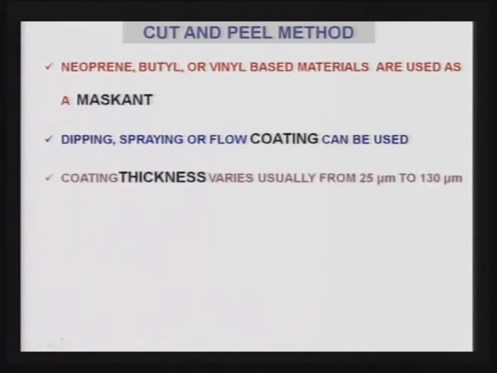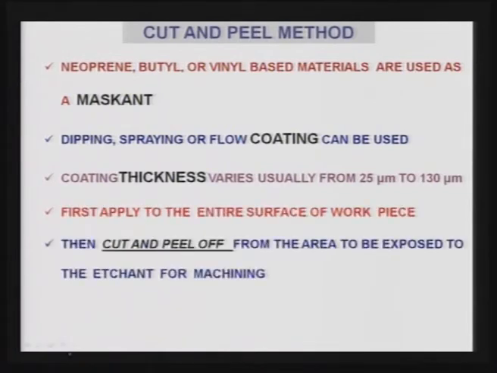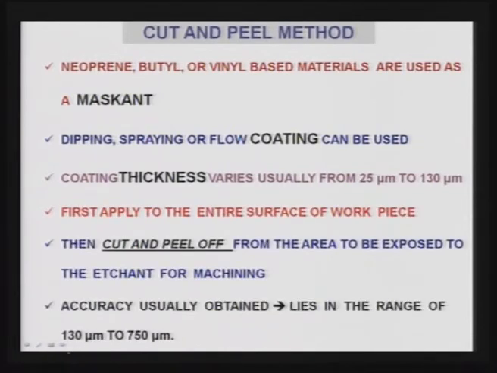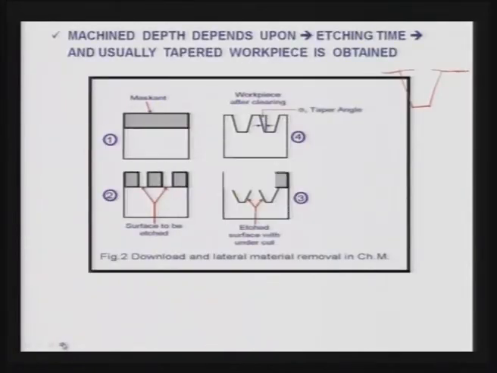Dipping, spraying or flow coating can be used for application of the maskant on the workpiece surface. Coating thickness varies as mentioned over here. So, you can see here that it gets tapered. Now, the same thing is shown over here. Here is the maskant and this is the workpiece.